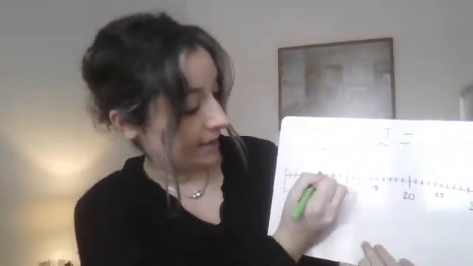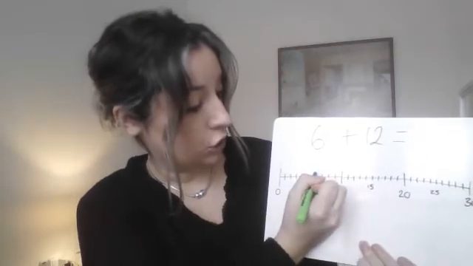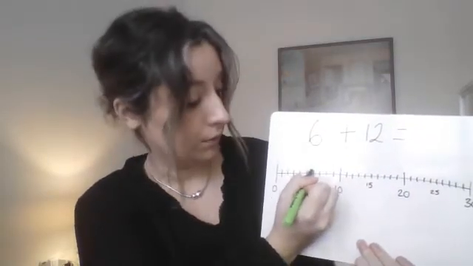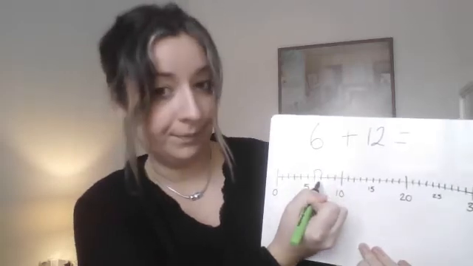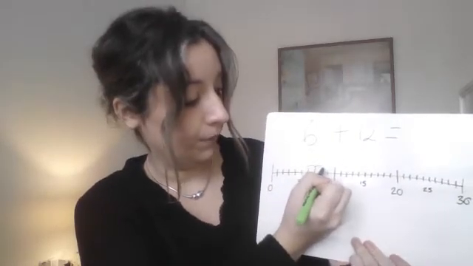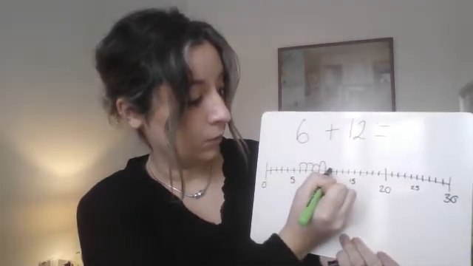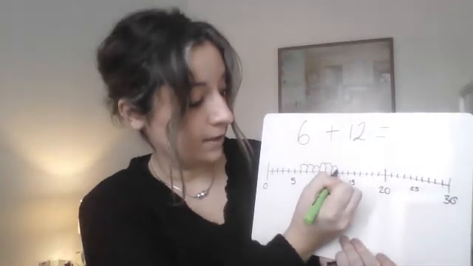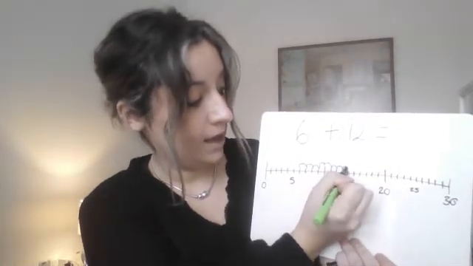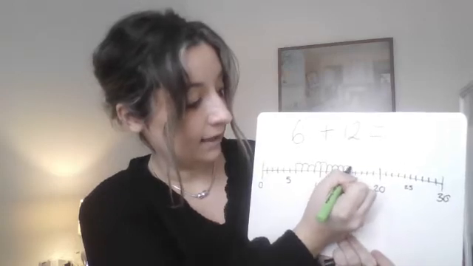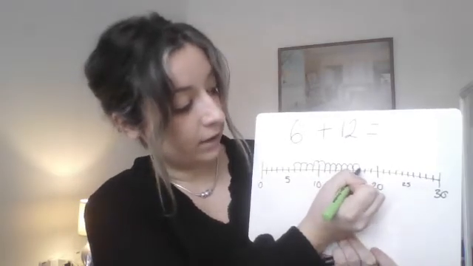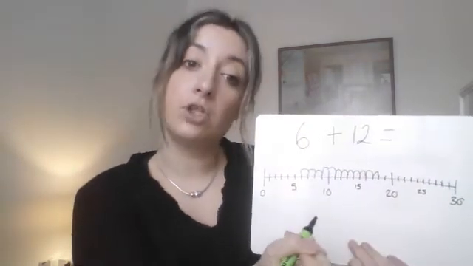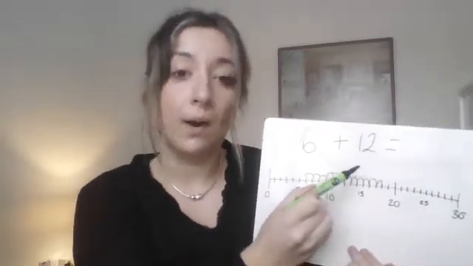Here is 6. I'm going to jump 12 jumps: 1, 2, 3, 4, 5, 6, 7, 8, 9, 10, 11, 12. I'm going to stop there because I only need to add on 12.